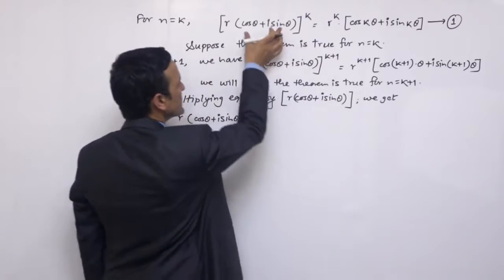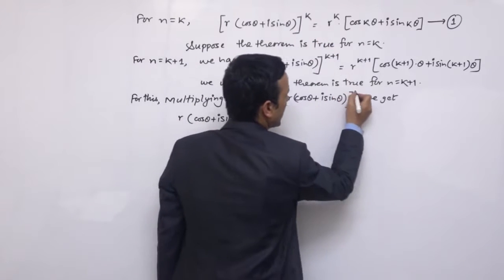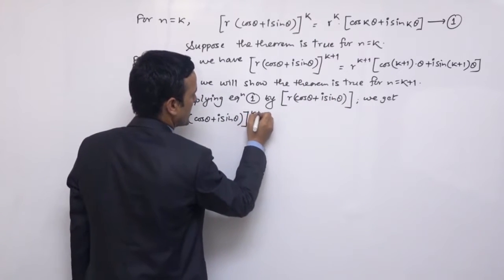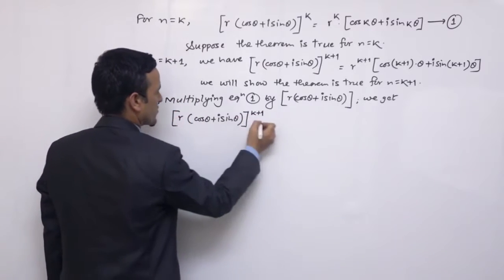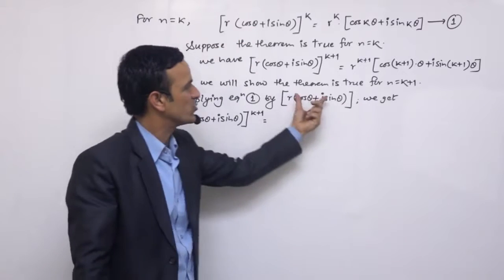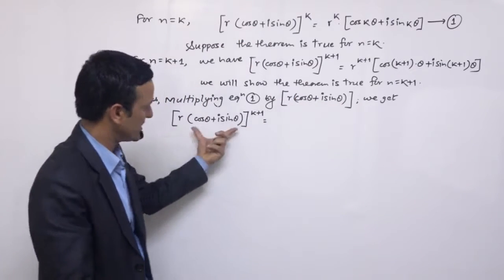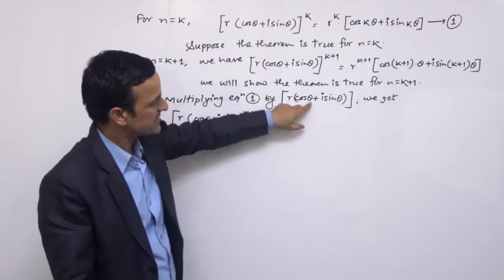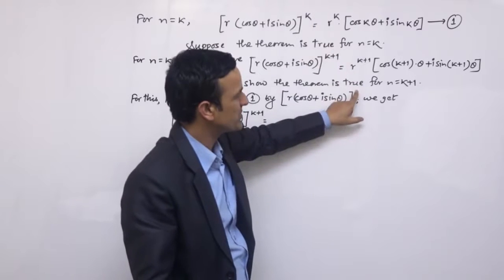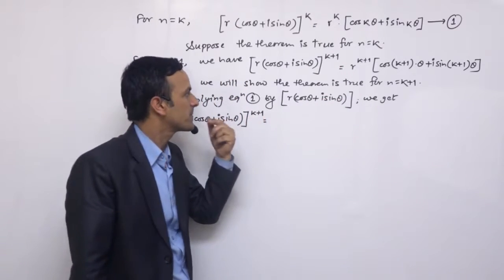this polar form and this polar form are same, so here is k and here is 1, so we can write down k plus 1. LHS, this LHS into this multiplying term, if we multiply together then we get this term, same base, and power is k here, power 1, so we can write k plus 1.